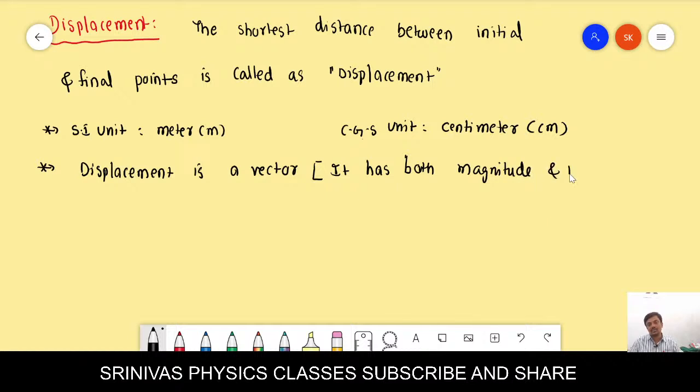In the last class, we discussed magnitude and direction, vectors and scalars. Magnitude means value, direction means a specified direction. A scalar has only magnitude but no direction, but a vector has both magnitude and direction. That's why displacement is a vector.